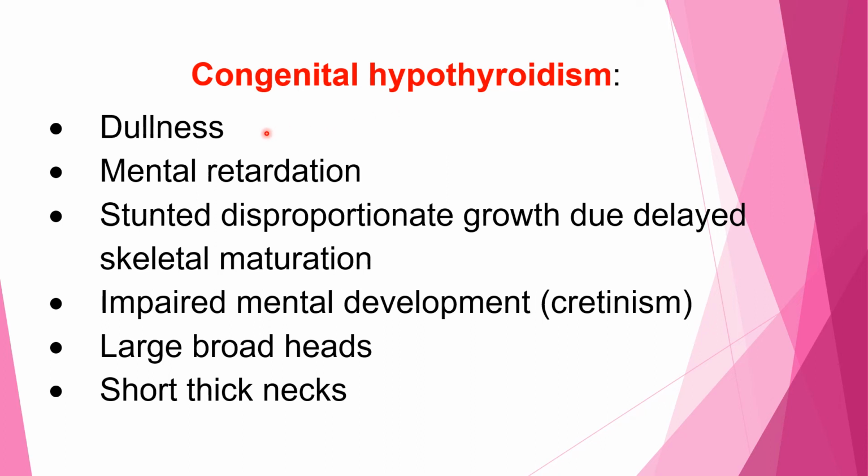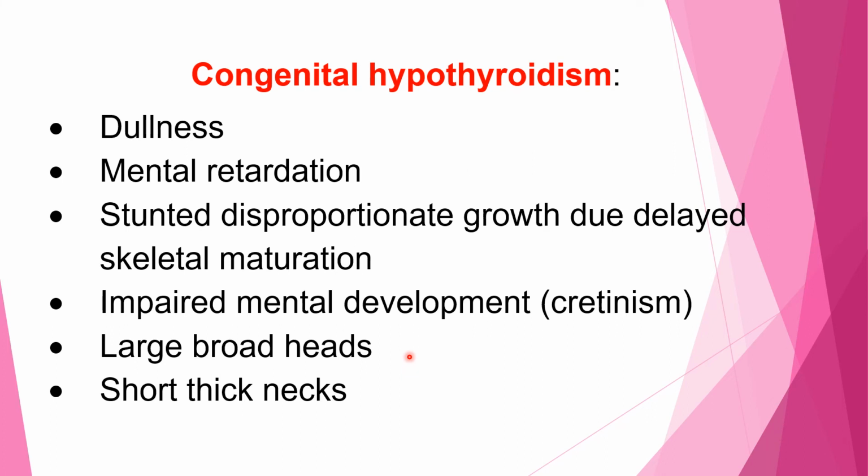They look dull, mentally retarded, and the growth is stunted, and there is disproportionate growth of the body parts, that is due to delayed skeletal maturation, and there is clear-cut impaired mental development. Such a condition is called cretinism.